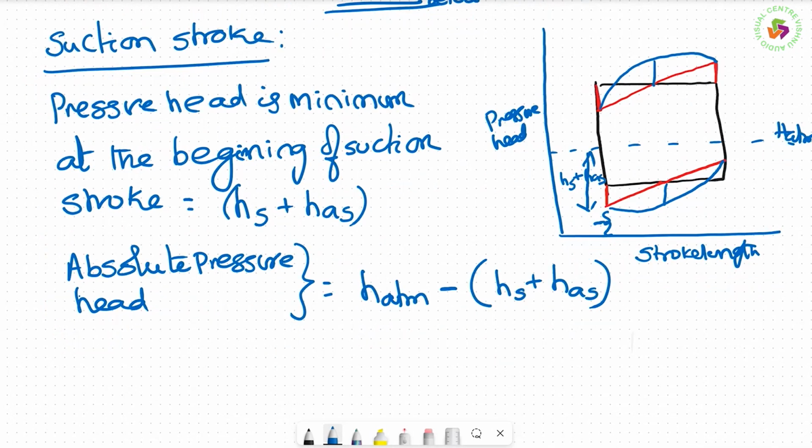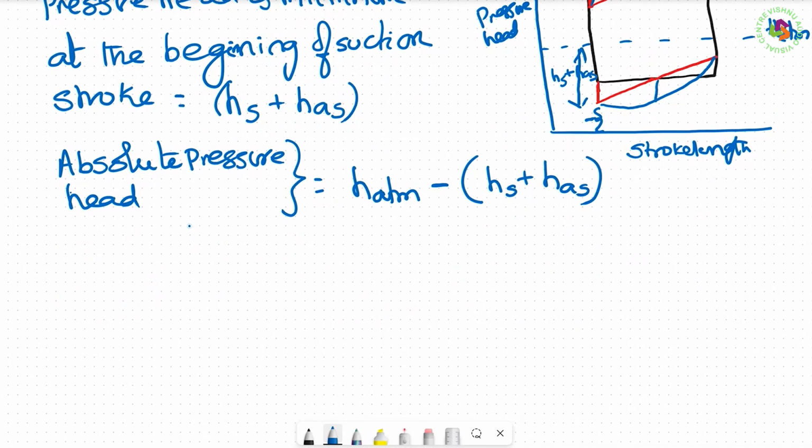This absolute pressure head should not fall below the vapor pressure of the fluid. Suppose now I take the liquid as water.